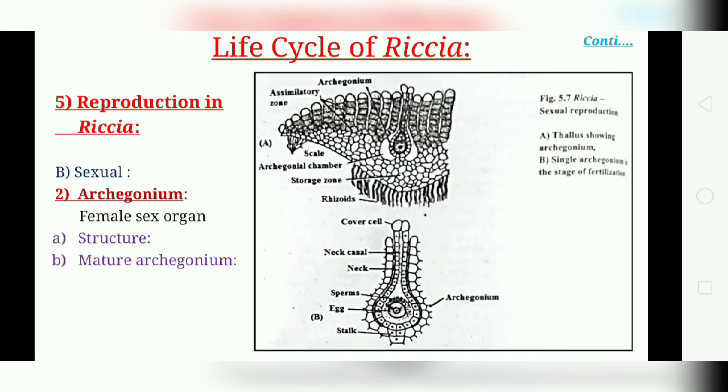Thus the neck canal, a narrow passage, is formed from the apex of the archegonium to the egg. In the picture we can see the thallus showing the archegonium, a single archegonium in the stage of fertilization.